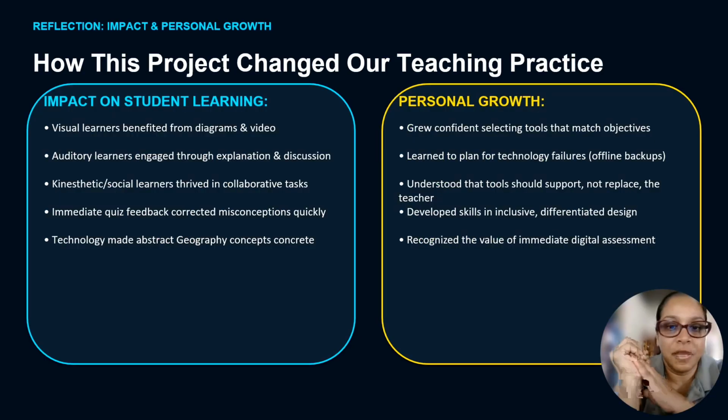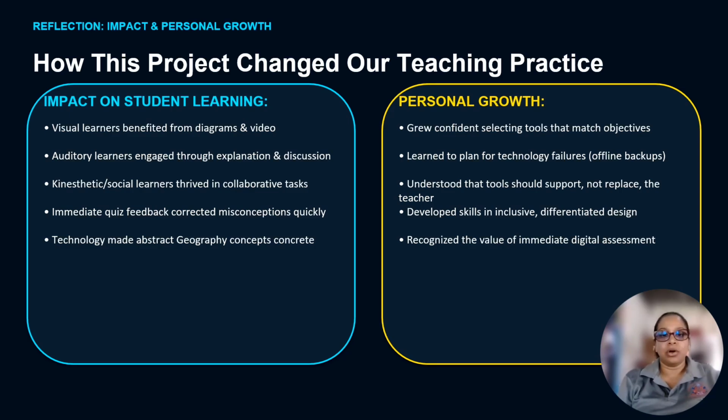So what impact did all of this have on the students and on us as teachers, right? For student learning, the technology allowed us to reach multiple learning styles in one lesson. The visual learners were able to benefit from the diagrams and the video.